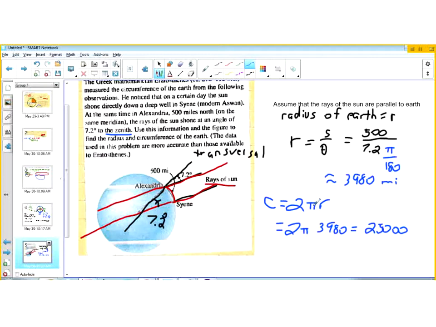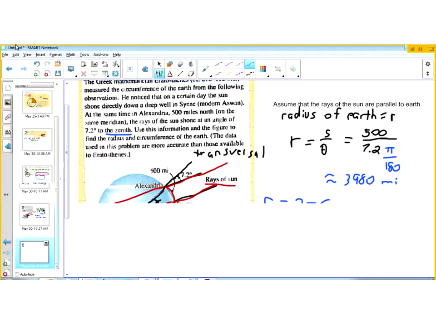Let me check to see if the book has a definition for zenith. I don't think they do. So I'll leave it to you to look that up. Yeah, there's no definition of what zenith means in geometry. Maybe I should look that up.